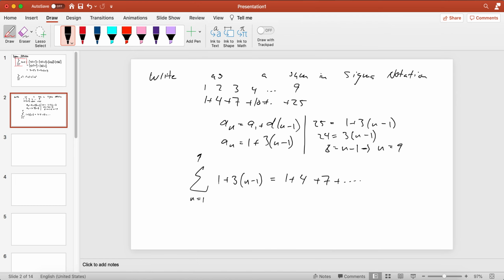So when I plug in 9 here, I get 1 plus 3 times 8. 3 times 8 is 24, and then plus 1 is 25. So that checks out. So we did the problem correctly. Okay, so this would be our answer. I took this sum and I wrote it in sigma notation.